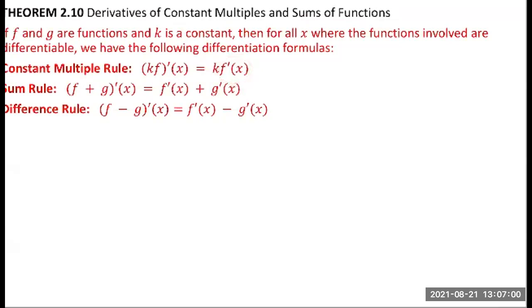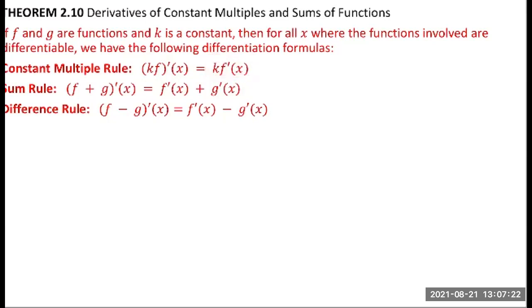Or simply, if you have a constant times a function, to take the derivative of that whole thing, you pull this constant out and take the derivative of the function. So that's why you have this k in front. k stays as it is in the front and you take the derivative of the function.